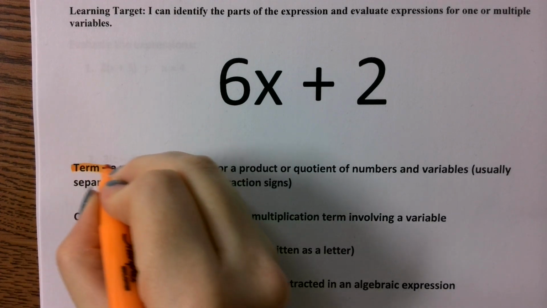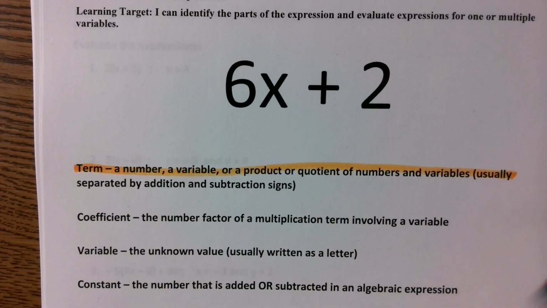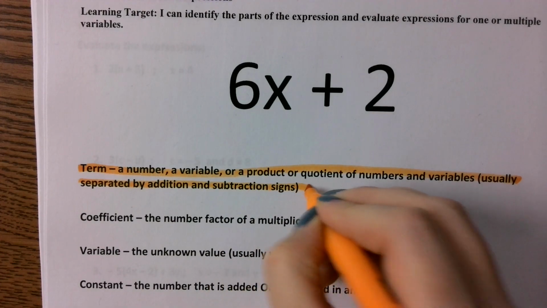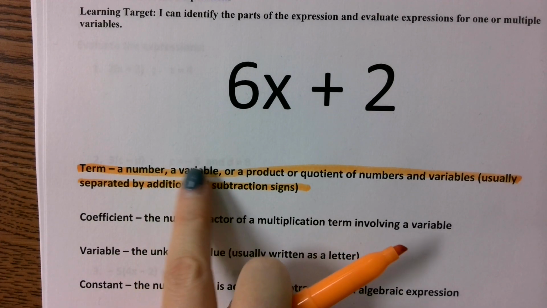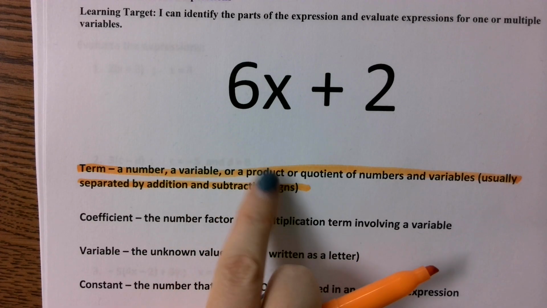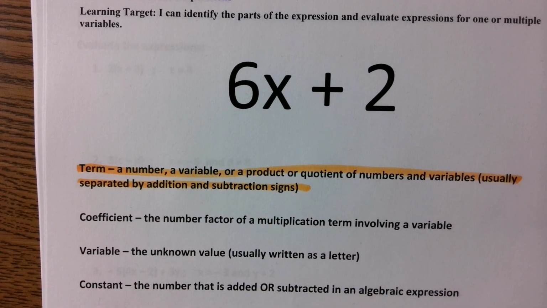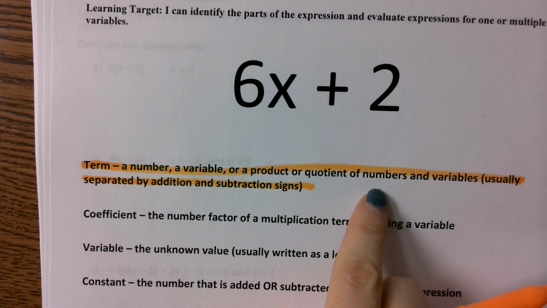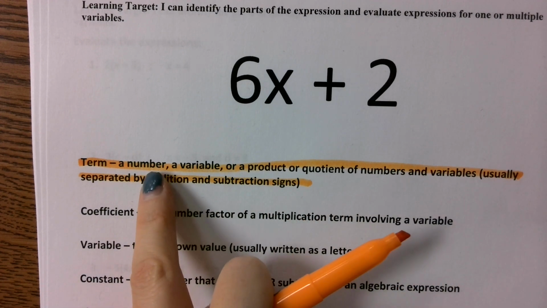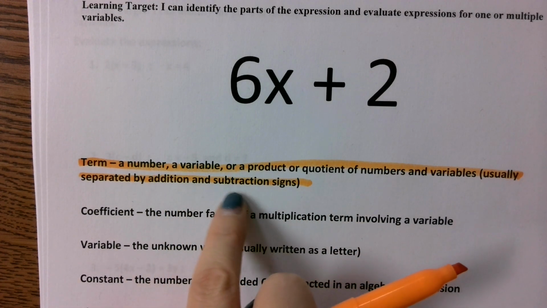When we talk about a term, I'm going to go ahead and highlight my terms in my orange here. A term is just a single number, or it might be a variable, or it might be a combination of numbers and variables using multiplication or division. They're always going to be separated by addition and subtraction signs.